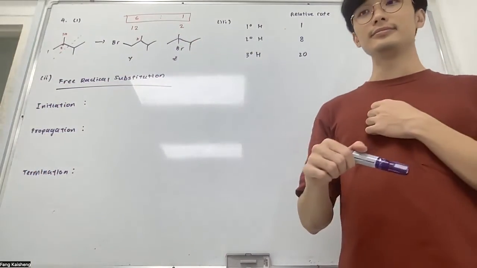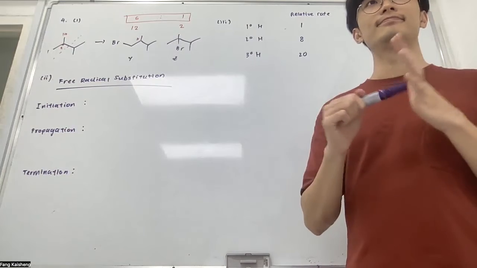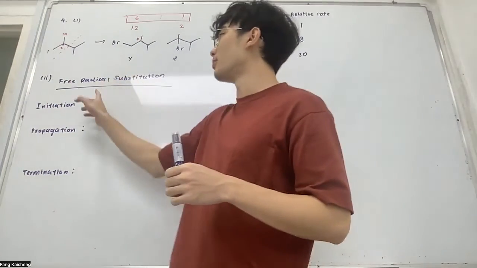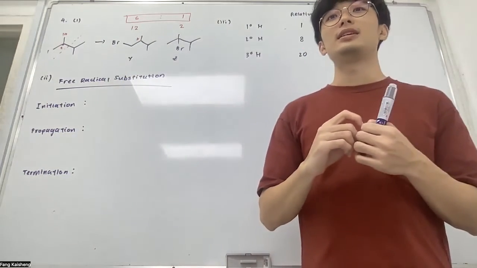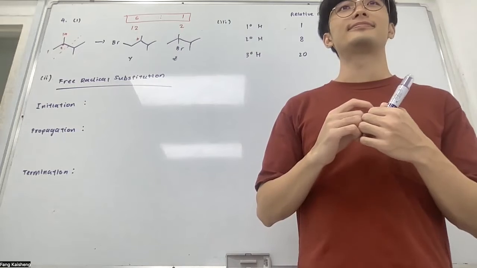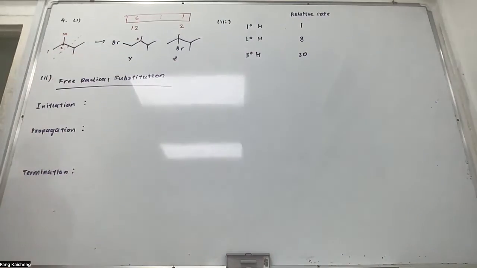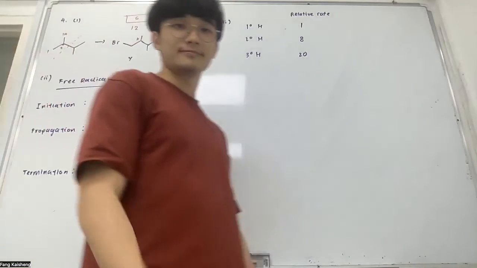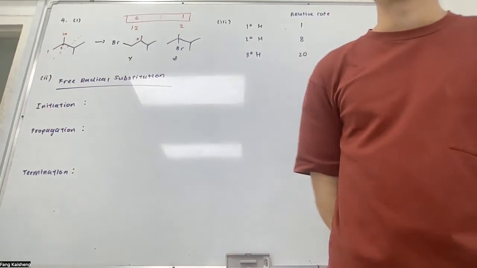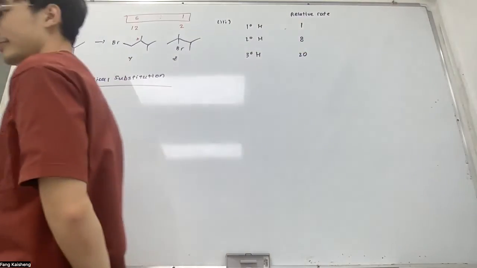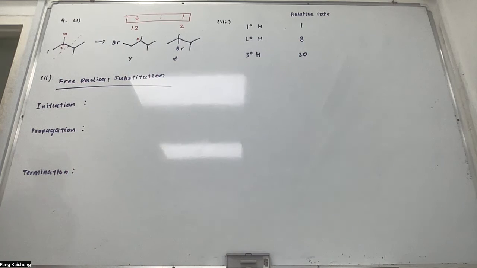So draw this. Then just draw the skeletal formula in your mechanism. They ask for why.